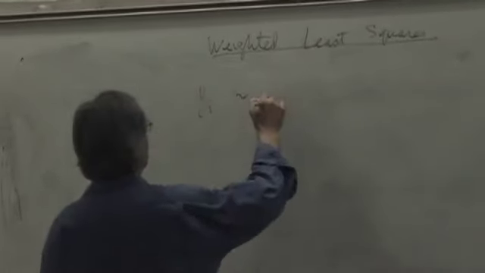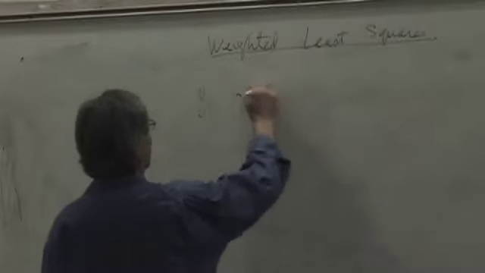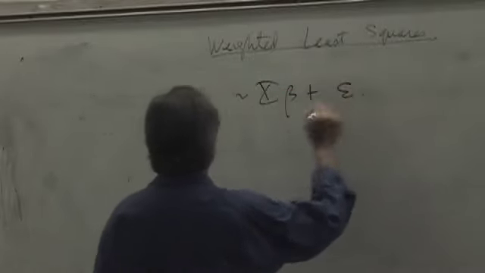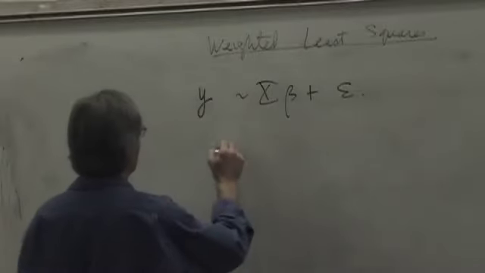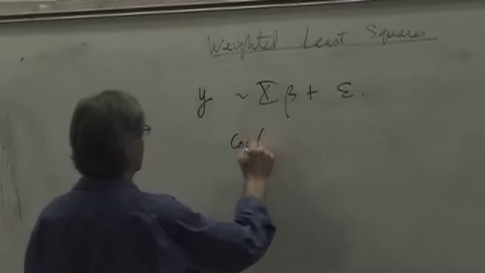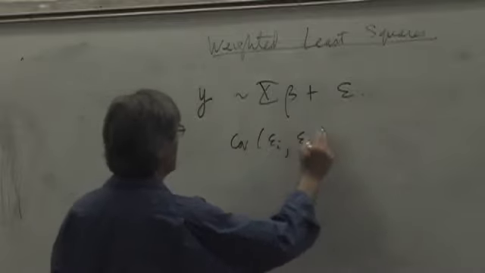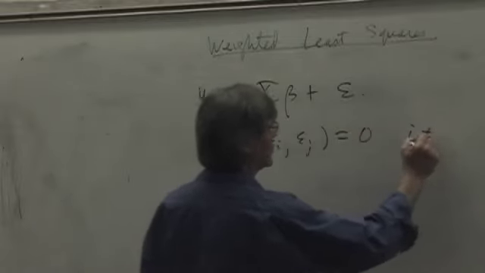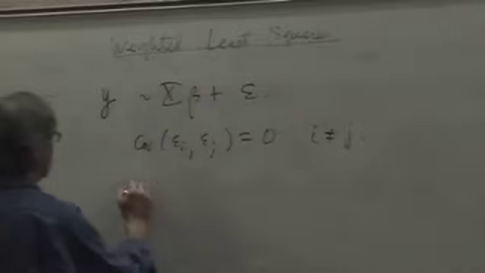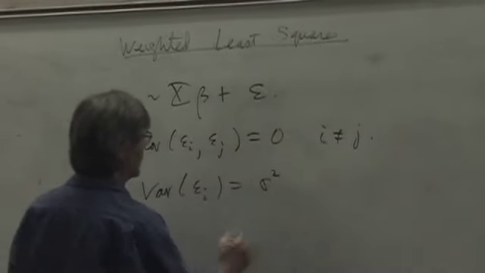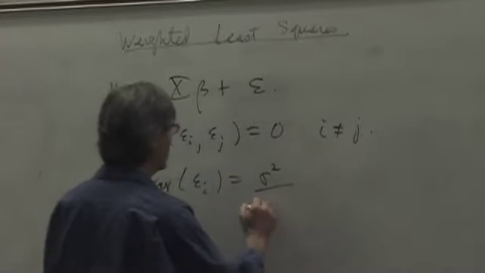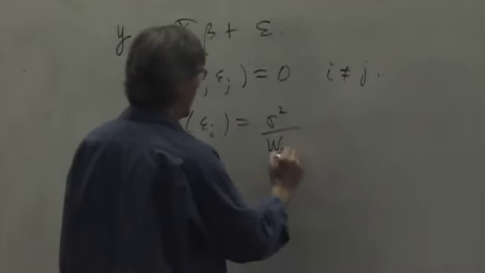What happens when y is equal to x beta plus epsilon, where again you'll take uncorrelated epsilon i, covariance between epsilon i and epsilon j is equal to 0 for i unequal to j. But what I'm going to do now is take the variance of epsilon i to be sigma squared divided by some w_ii.